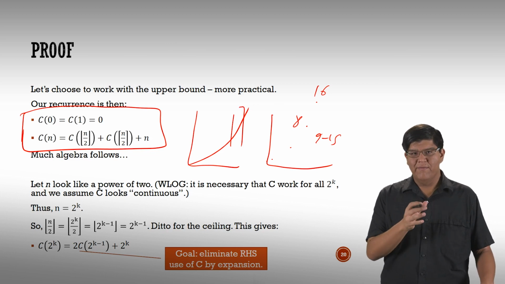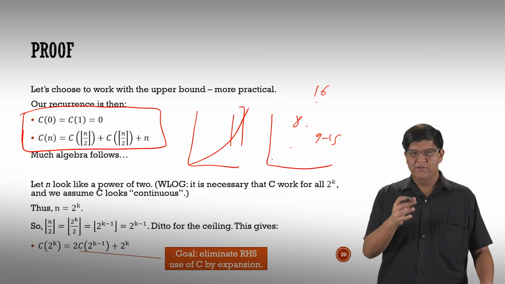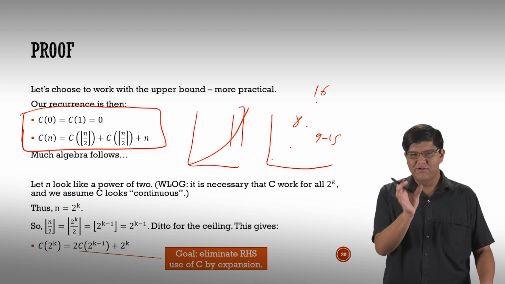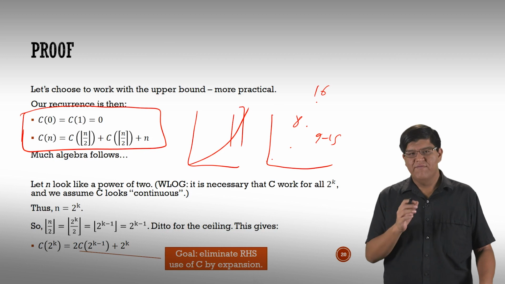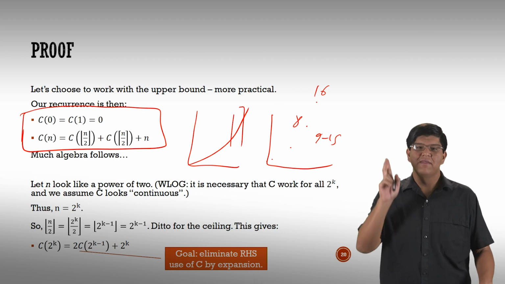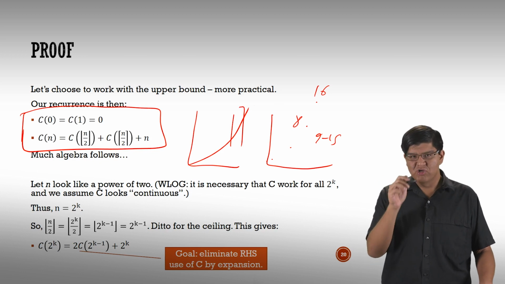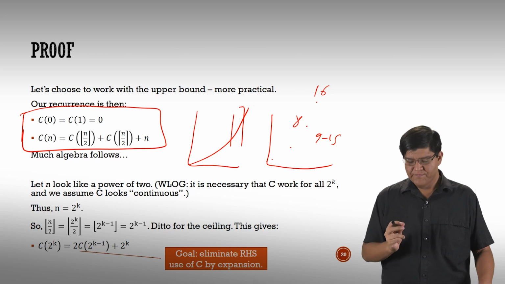If I'm sampling every so often, allowing n to exist only where it looks like a power of 2 number, I'm capturing just a sampling of the function. I'm not going to do every single number. And if C is continuous-ish, then it'll work out for us. As long as it's not too jagged anywhere, it'll be fine. We're just restricting our domain a little bit.